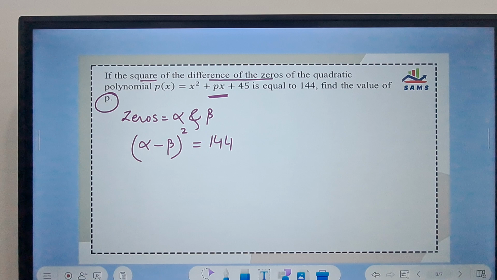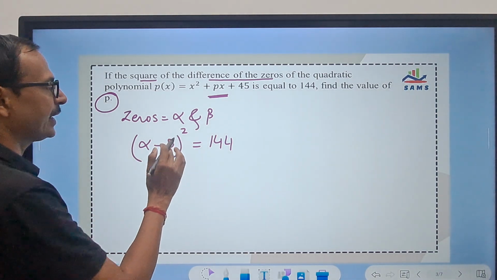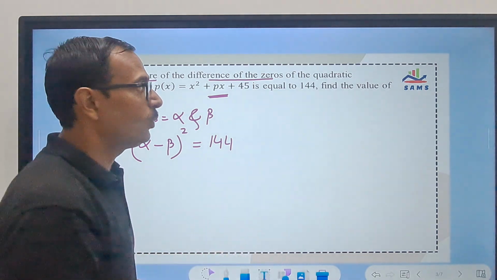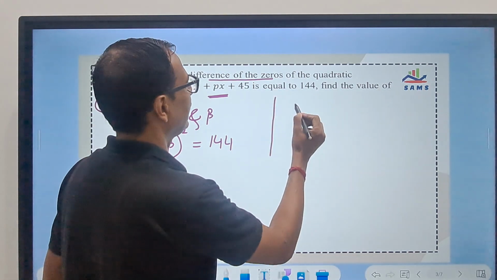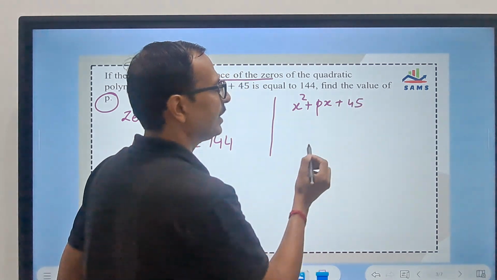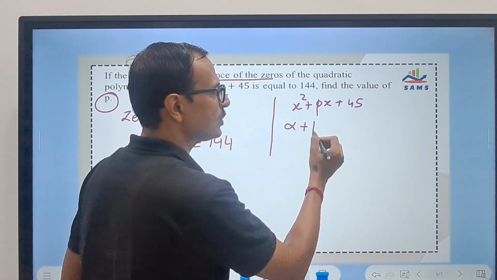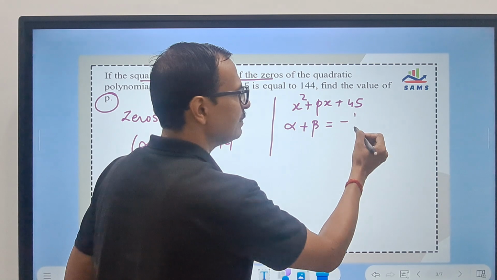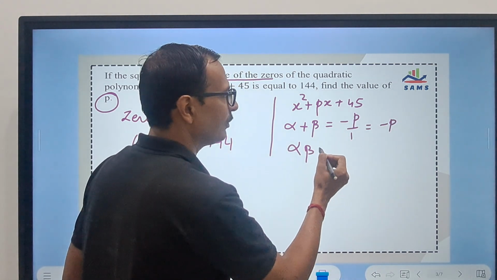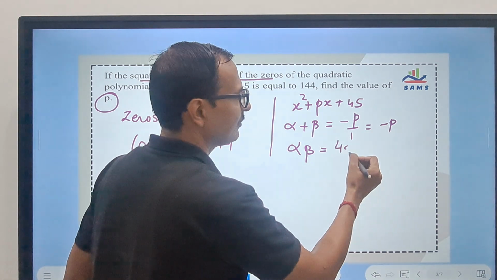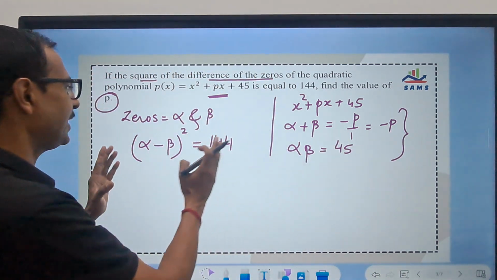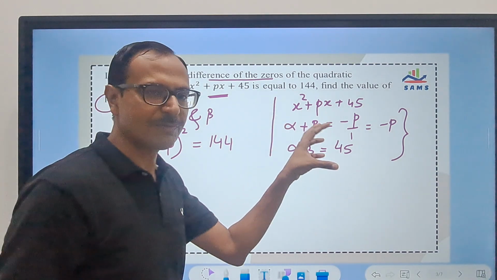Now we should know how to convert this alpha minus beta whole square in terms of alpha plus beta and alpha beta. Why? Because from this polynomial x square plus px plus 45, we can apply the relationship between zeros. Alpha plus beta is minus b over a, that is minus p, and alpha beta is c over a, that is 45 by 1, 45. So you know the values of alpha plus beta and alpha beta, and that is why I need to convert this in terms of these two.